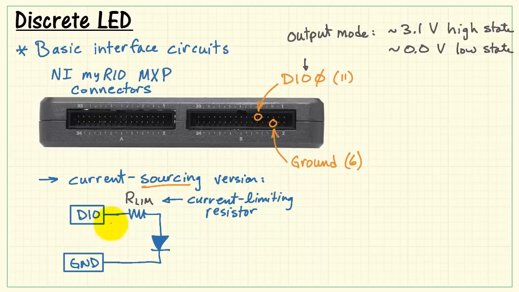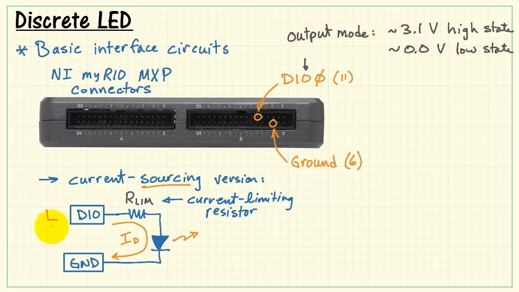Come back to that limiting resistor here in just a little bit. Now, this is the direction of current, I sub D, when the LED is active. To accomplish this, we need the digital output to be in the high state. That causes the LED to turn on.